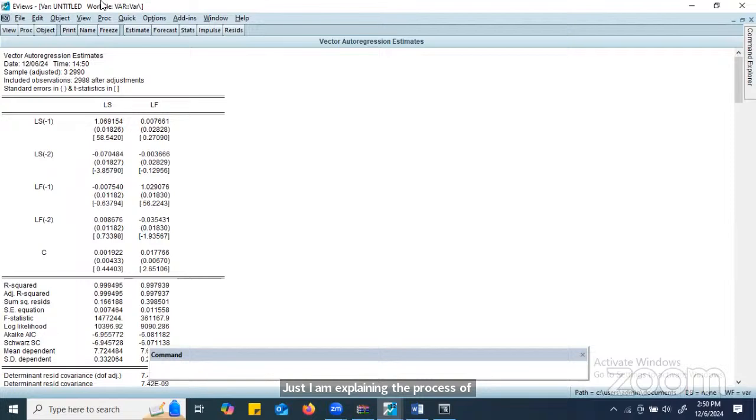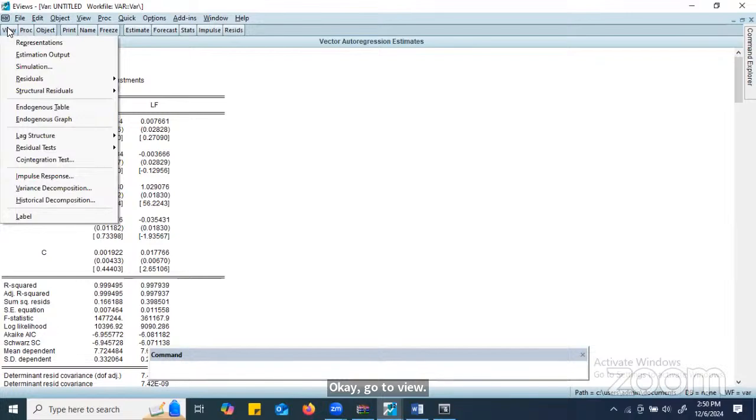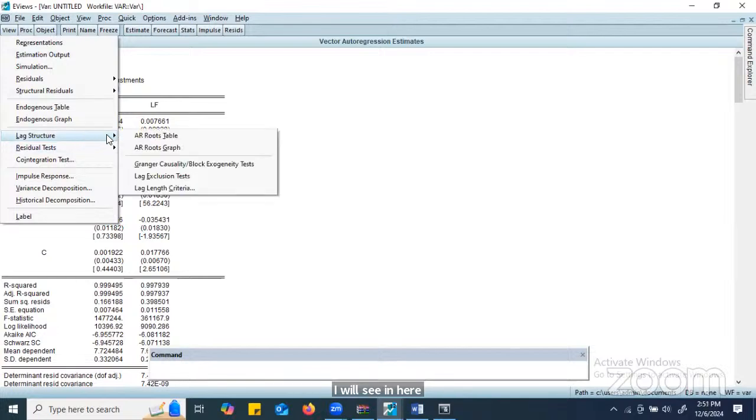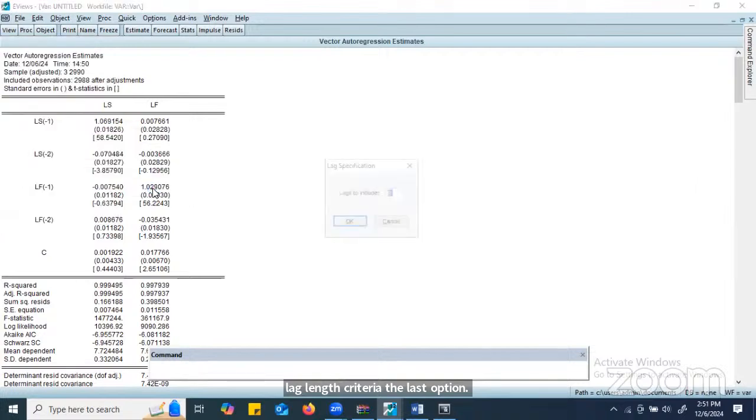With the output, go to View, then Lag Structure. In the lag structure you will get Lag Length Criteria, the last option.